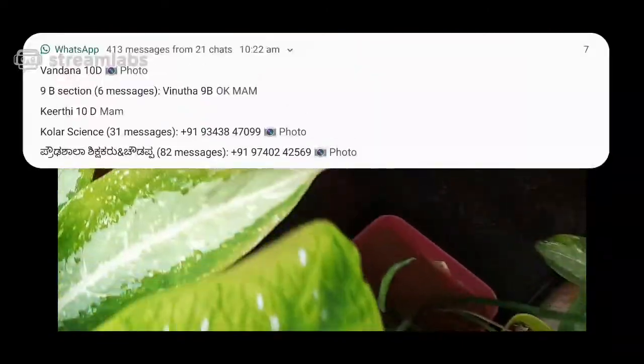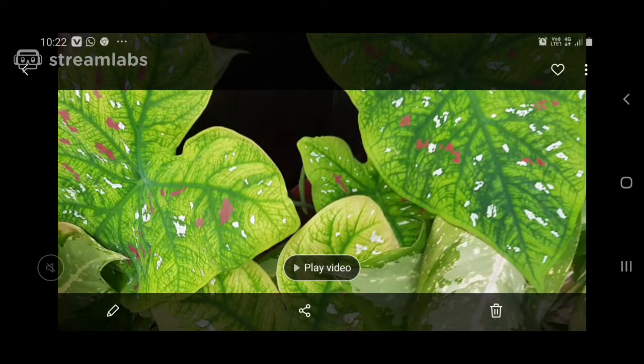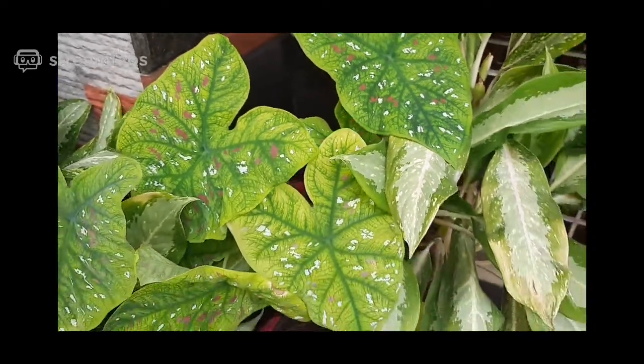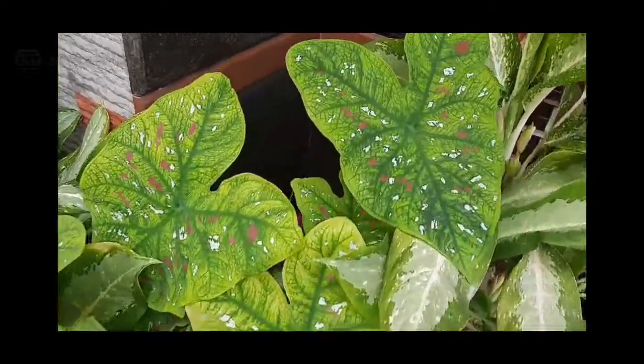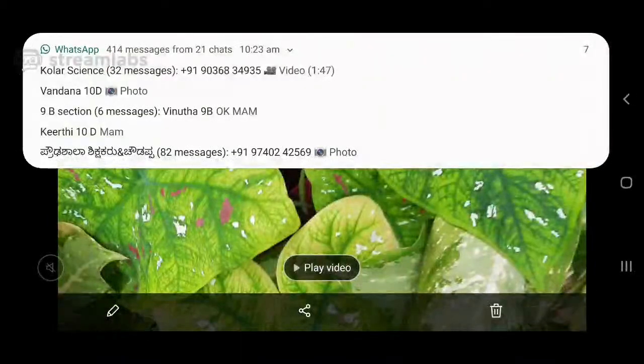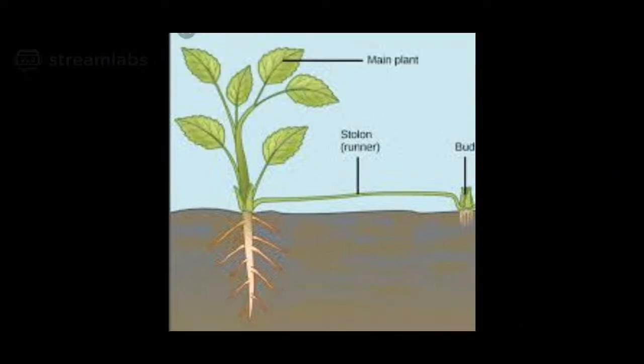So, you're seeing the plants. The growth is so lush. The leaves are so greenish. Do you know why? The plants grow better when there is a supply of water and nutrients.